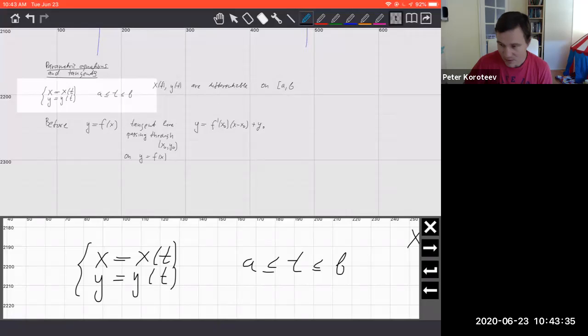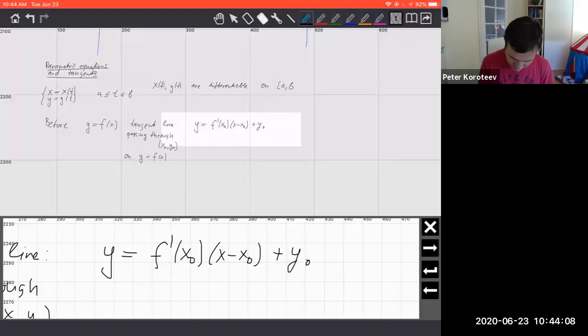It's okay to use the same letter for the variable and for the function; there is no need to introduce extra variables like f and g. I hope it won't cause any confusion. Does it sound good? If you open the book, I think they write x equals f of t and y is equal to g of t, but it's really not a big deal.